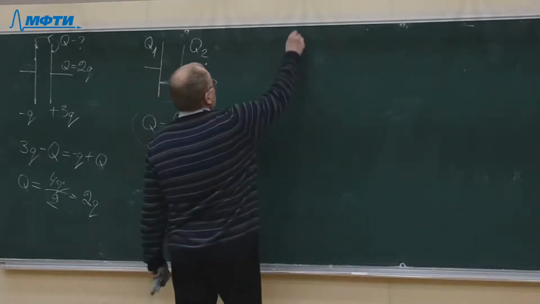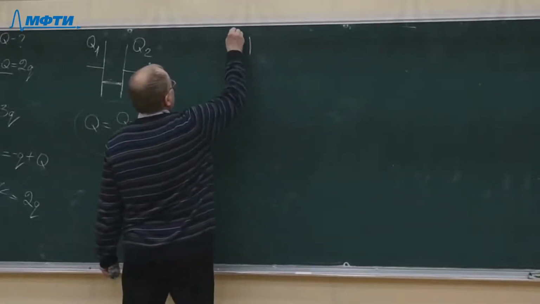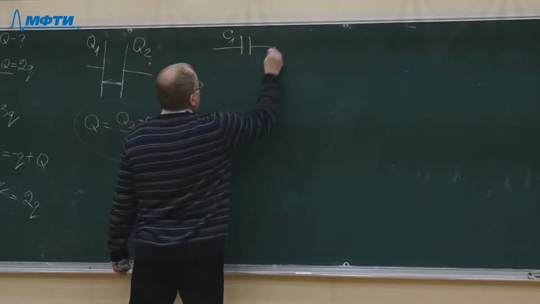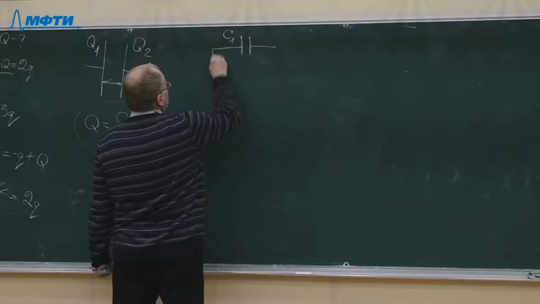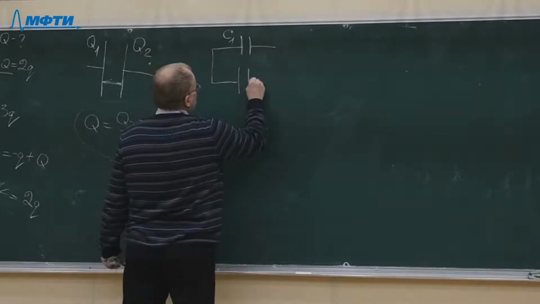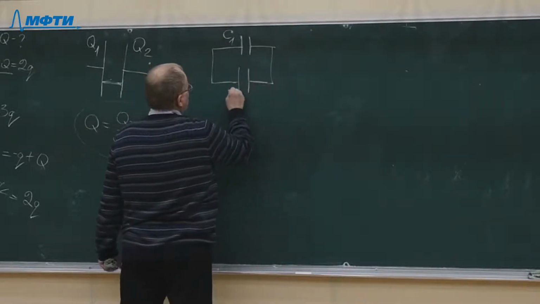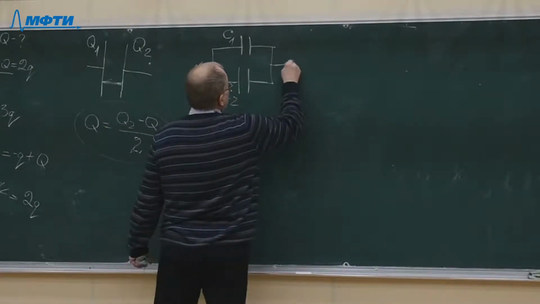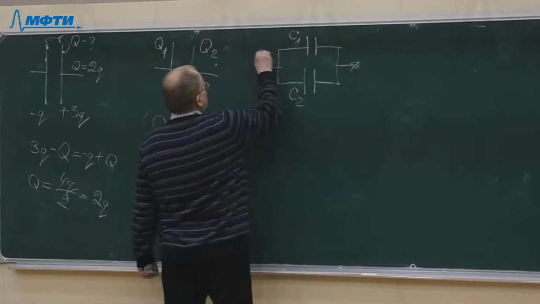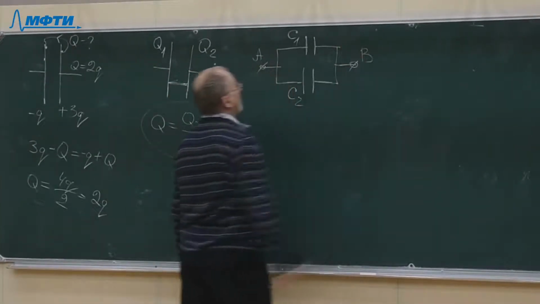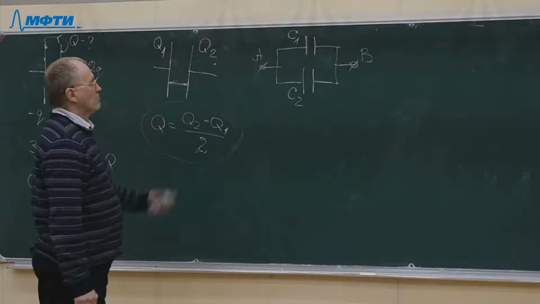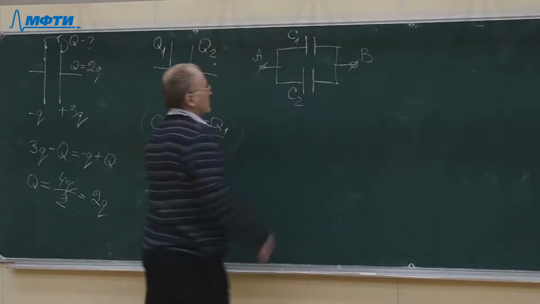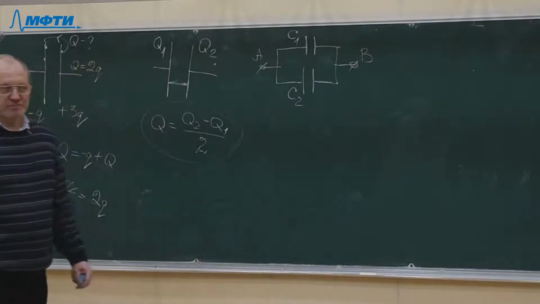Suppose we have one capacitor of capacitance C1, which is connected in parallel to another capacitor of capacitance C2. What will be the capacitance of such a connection? The capacitance between points A and B. So, the total capacitance of such a battery, such a circuit.